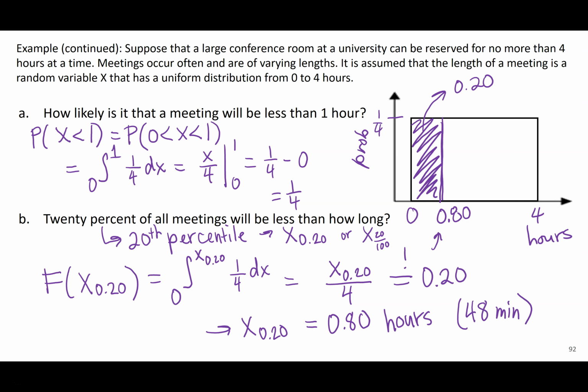It's implying that only 20% of all the reservation times being made are for 48 minutes or less. Absolutely, you're welcome to transition there. I would keep, up until this point, everything in hours since it's in hours. But just know that if we give you one in hours and we give you another in minutes, you should switch everything to one or the other. And it's totally fine, whichever you choose to do. Just keep in mind, you don't want to mix and match units. You want to have the same units everywhere.